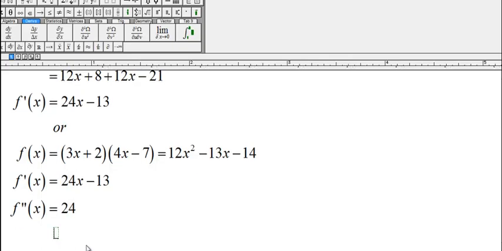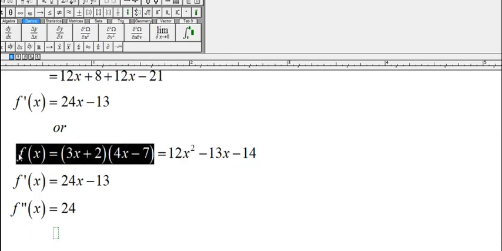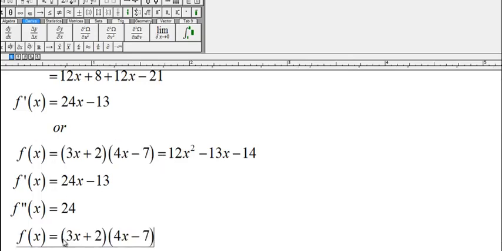Alright, now how about the tangent line? First of all, whether we do it from the original or from the expanded version, we want to find f of 1. So everywhere there's an x, we put a set of parentheses, and in that parentheses we put 1.